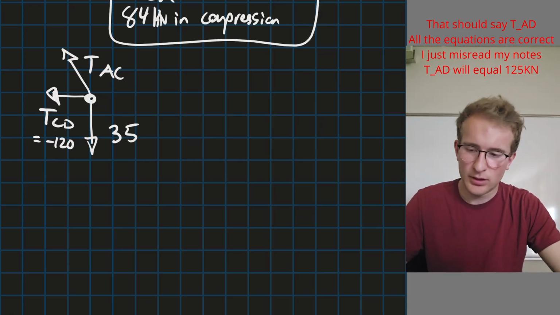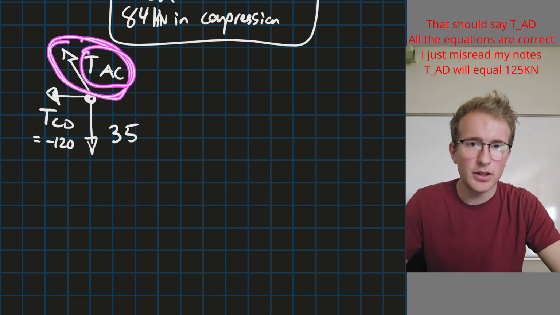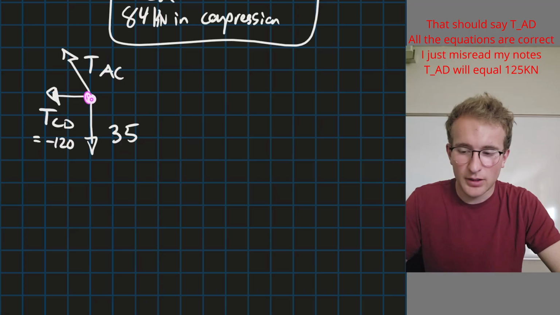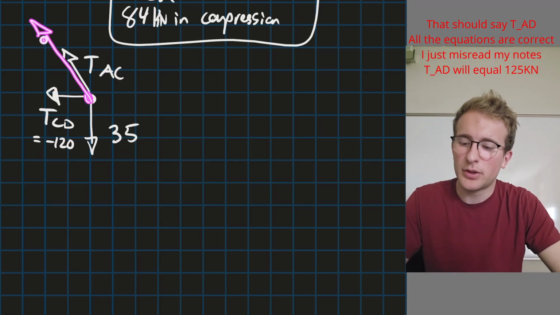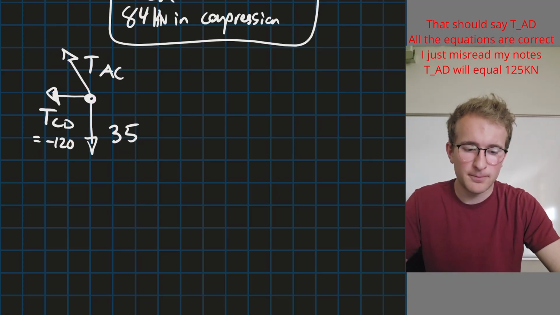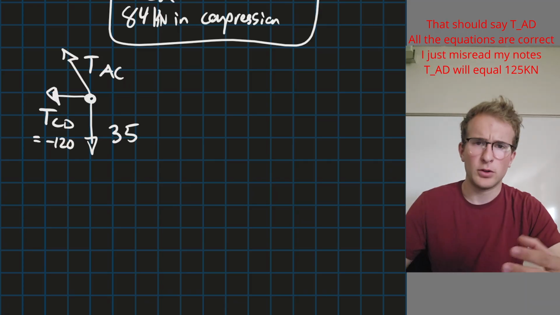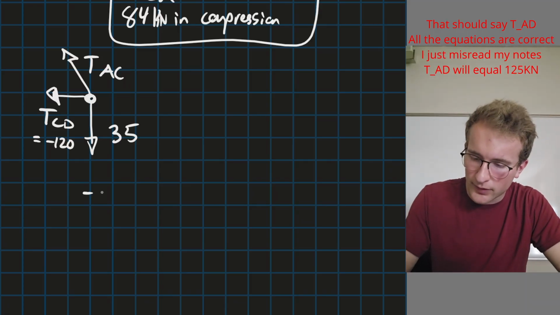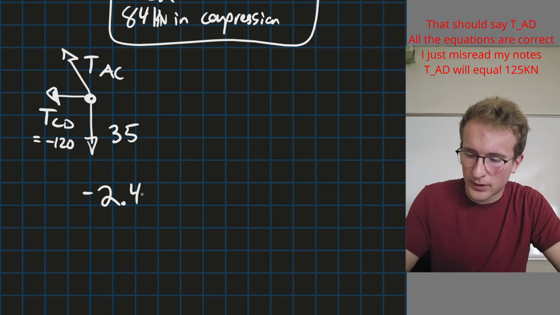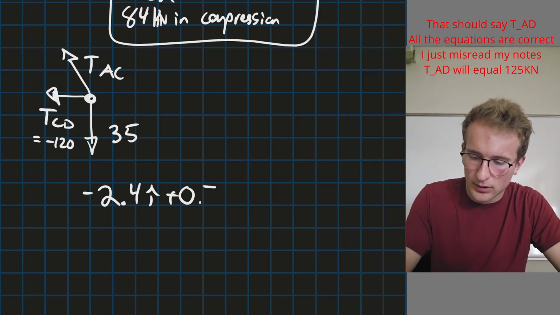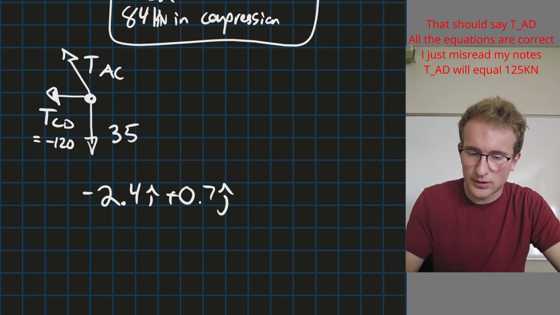We can write out this force vector. Again, it's magnitude times a vector with the same direction, but a unit vector. So if you look at the problem and do that, you'll see that that vector is minus 2.4 i hat plus 0.7 j hat.